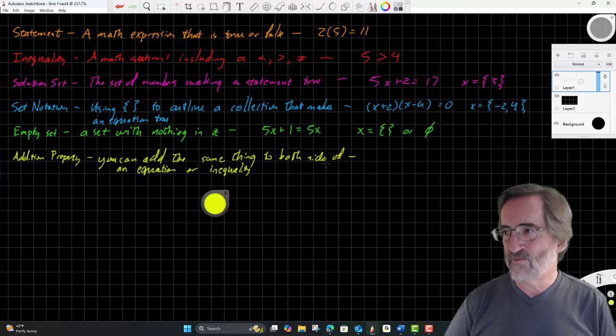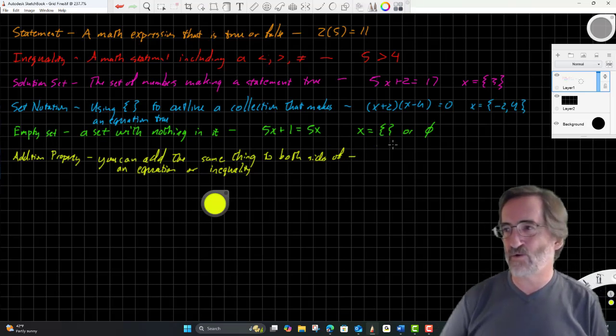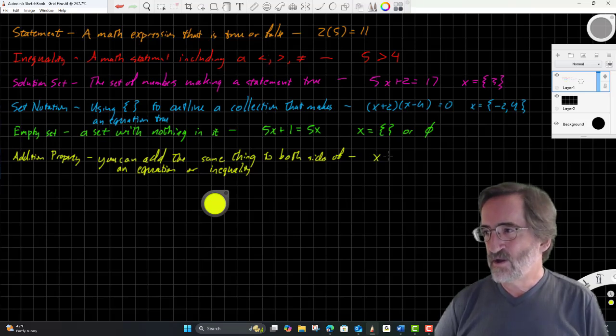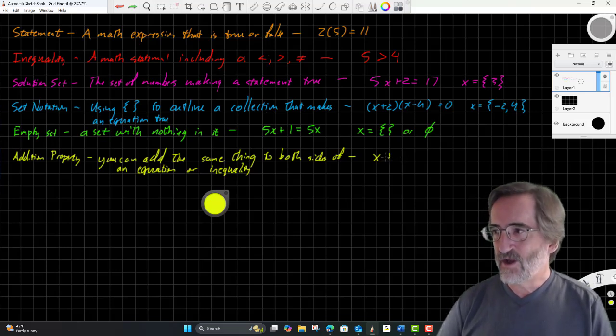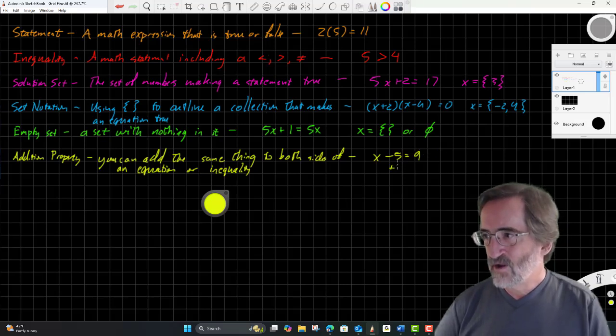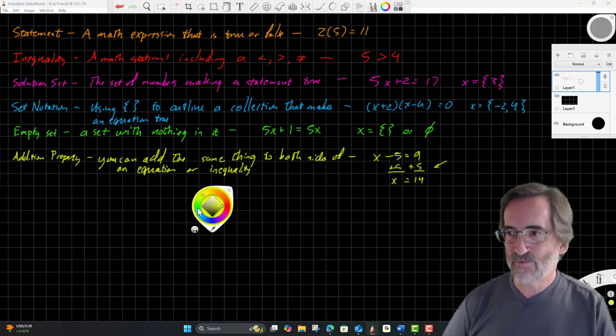And you may note that I'm combining two words, addition property of equality, addition property of inequality. So in this equation, x minus 5 equals 9. We add 5 to both sides, giving x equals 14. We've just used the addition property by adding 5 to both sides.